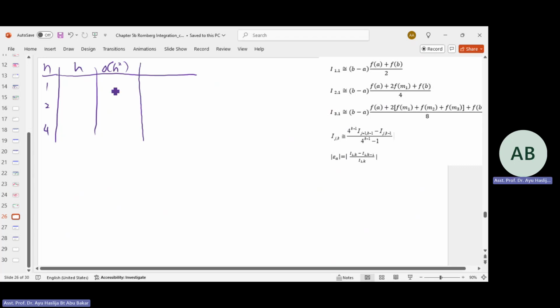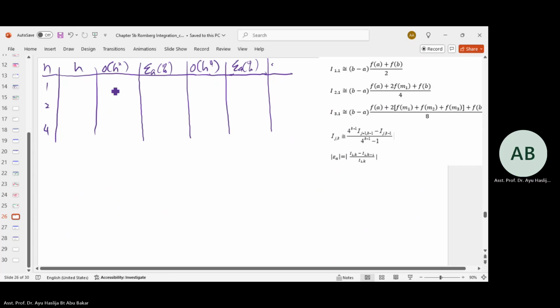Each column, each level, find your EA. O(H^4). Then you have your EA. ET only one value. True error.